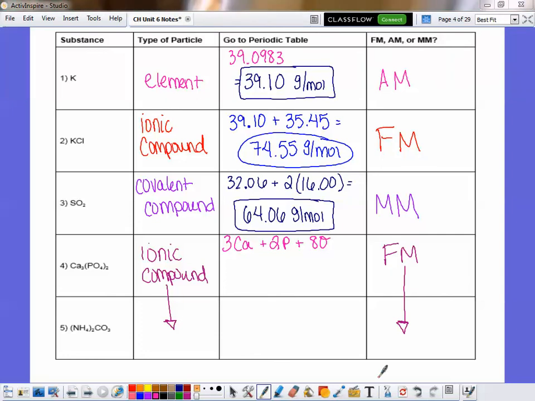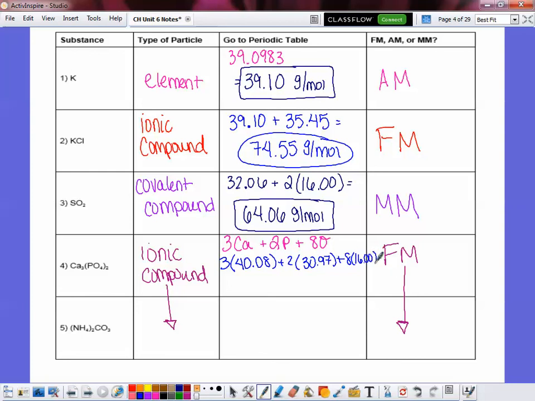All right, so by now you have calculated the molar mass for 4 and 5. So what did you get? So when we did 4, what's the mass for calcium? 40.08. 2 decimal places. So calcium's 40.08. What's phosphorus? 30.97 plus 8 times, what's oxygen? 16.00.